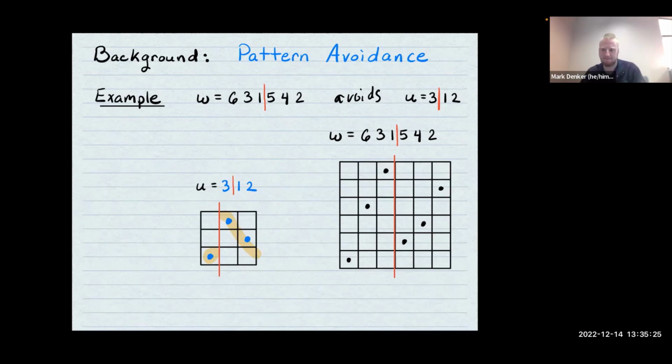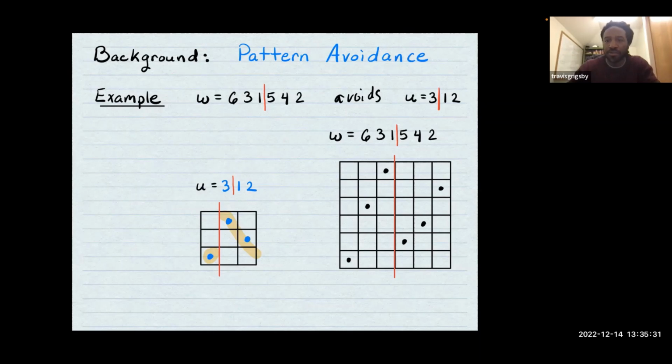Okay. Yeah, that's right. I think I understood you right. Yeah, split permutations avoid split patterns. We're not asking, does a split permutation avoid a pattern in the traditional sense?